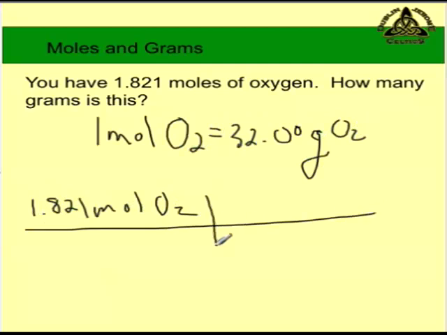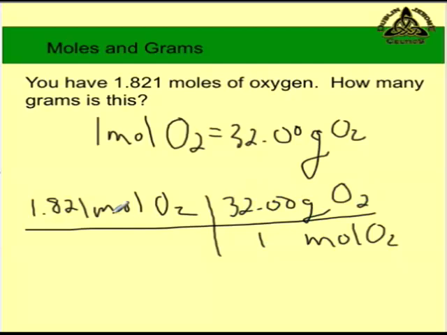We're going to use dimensional analysis to help us through this. We have moles of oxygen here, so we have to put moles of oxygen here. We have a relationship between moles and grams, so I can put grams of oxygen up here. I can put my numbers in. My units cancel out here. So the unit on my answer is going to be grams of O2. That's good because that's what I'm looking for.